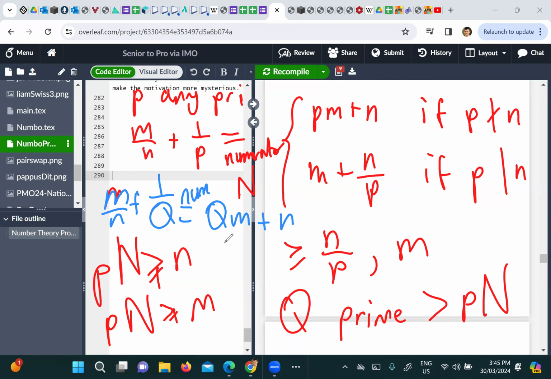But furthermore, we know that n is less than q, right? So that means this is the quotient and remainder and the divisor in the division algorithm when you divide by q, right? And the quotient and the remainder are unique, right? So then you can read off m and n, okay?